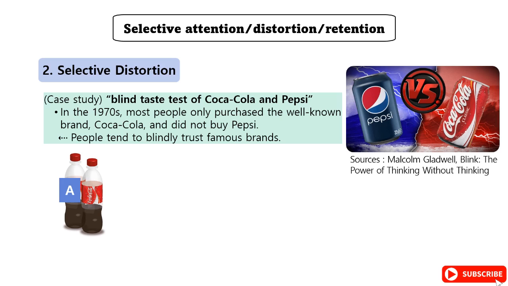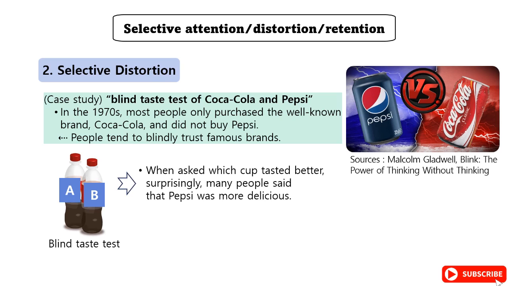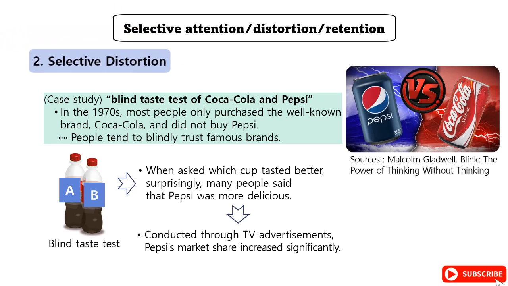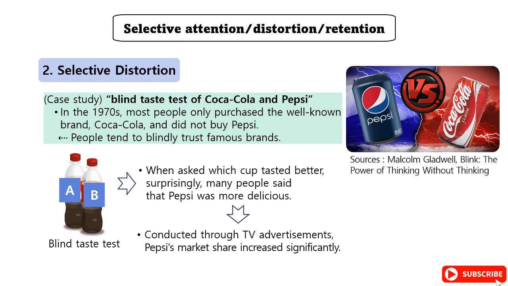They prepared 2 cups without any brand markings, filled 1 with Pepsi and the other with Coca-Cola, and had people taste them. When asked which tasted better, surprisingly, many people said Pepsi was more delicious. After this test was shown in TV advertisements, Pepsi's market share reportedly increased significantly. This demonstrates the phenomenon of selective distortion.